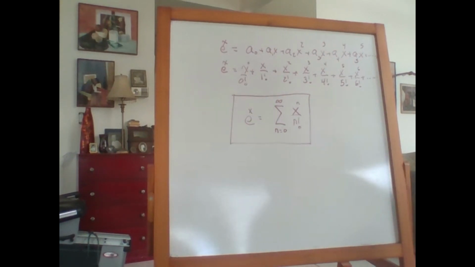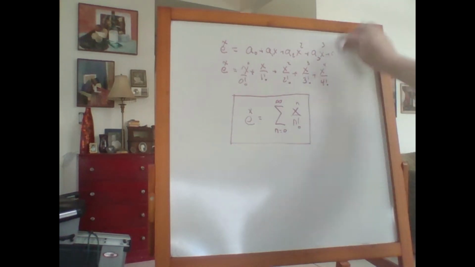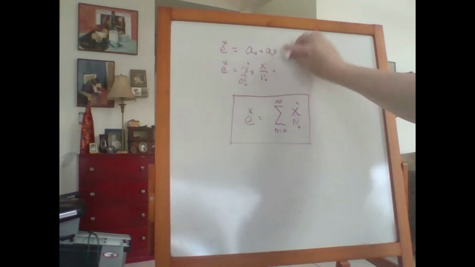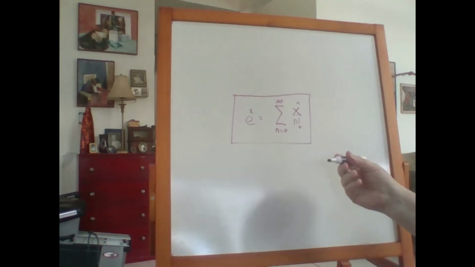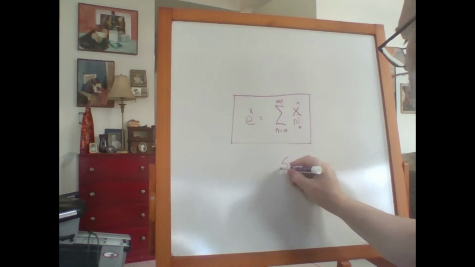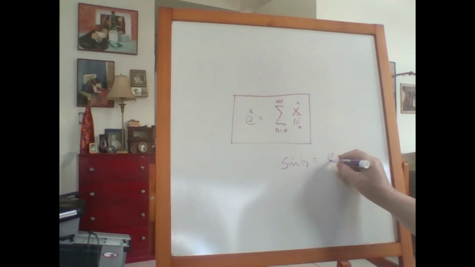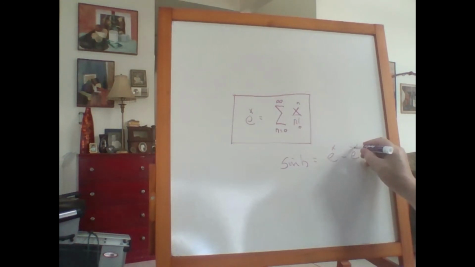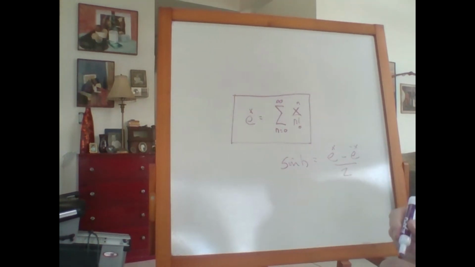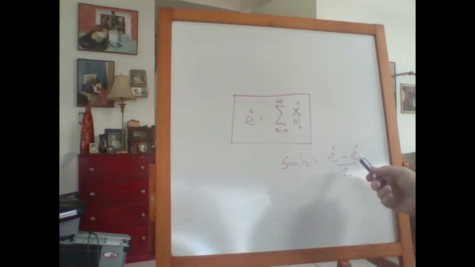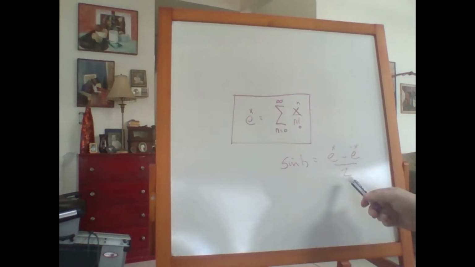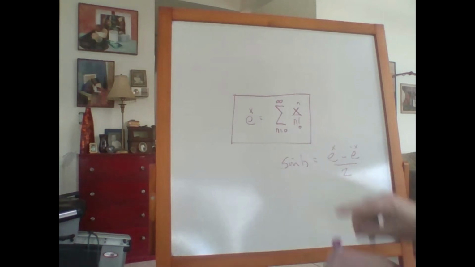Now, one last function that we're going to take a look at is e to the minus x. And just remember, we've got the sinh of x equals e to the x minus e to the minus x over 2. And now we can use infinite series to combine, and we can find polynomial Taylor series for the sinh of x.